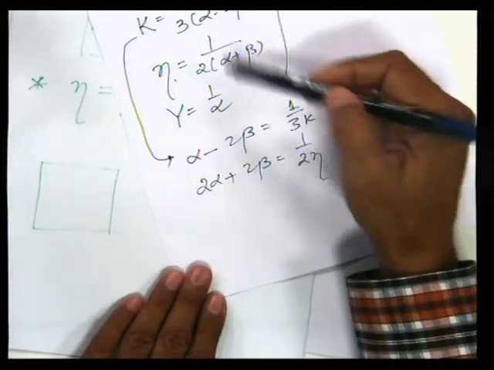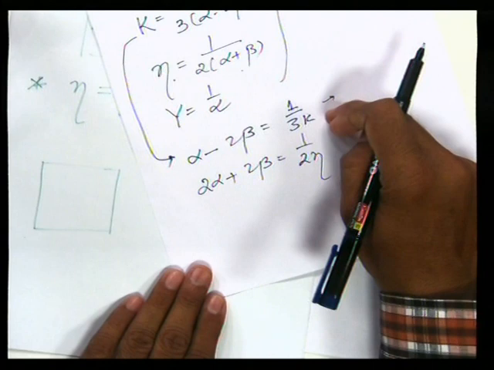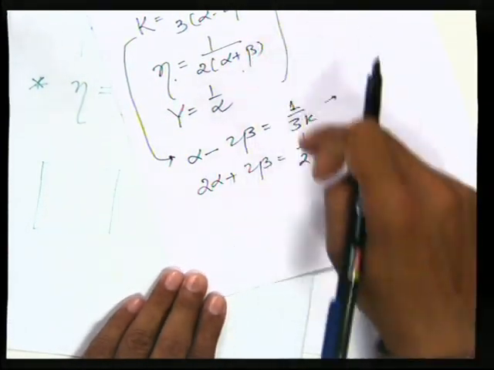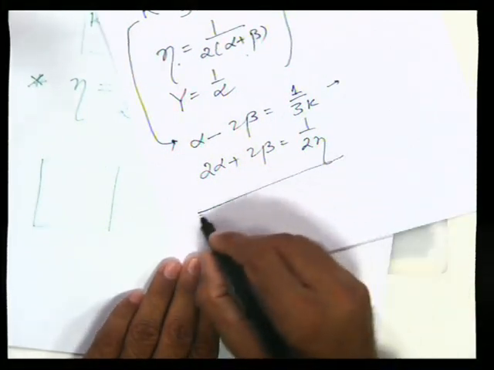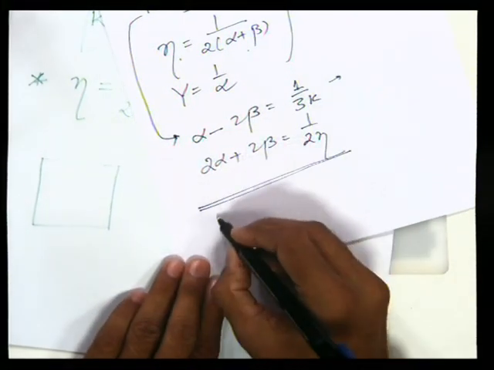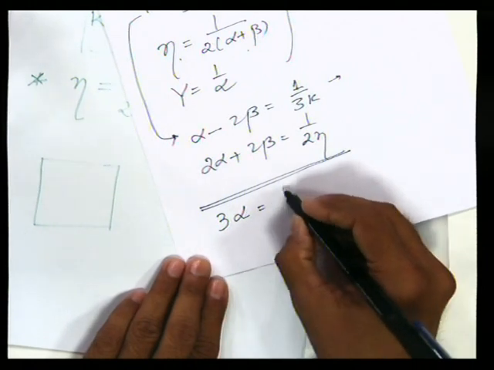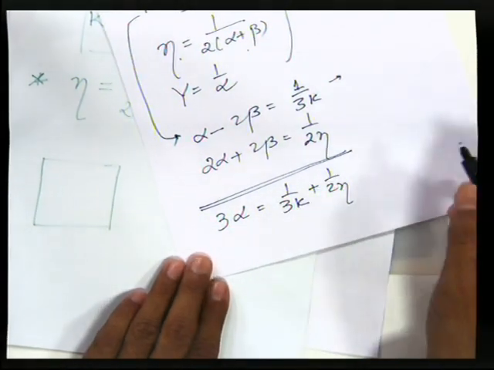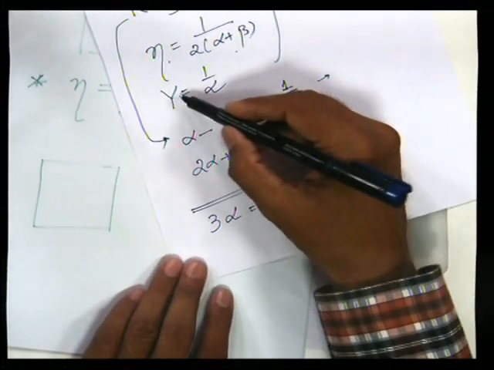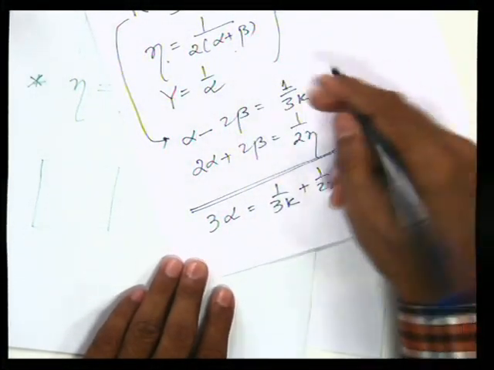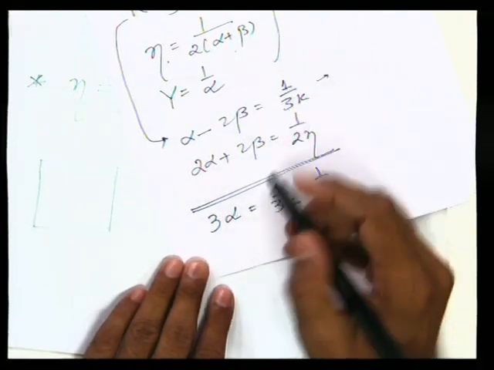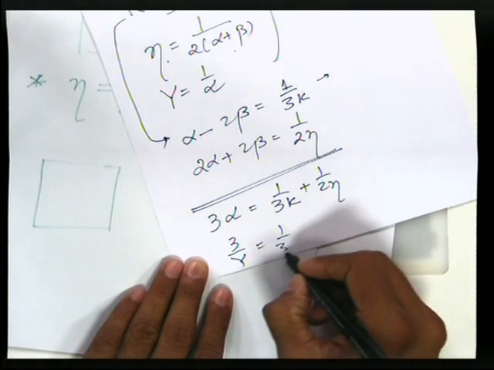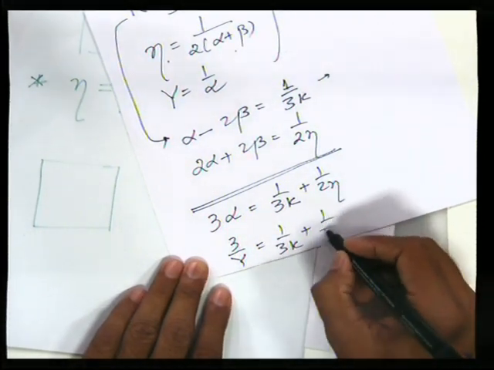Now add equations 1 and 2, so we get 3 alpha equal to 1 upon 3k plus 1 upon 2 eta. Y equals 1 upon alpha, therefore alpha equals 1 upon Y, so 3 by Y equals 1 upon 3k plus 1 upon 2 eta.